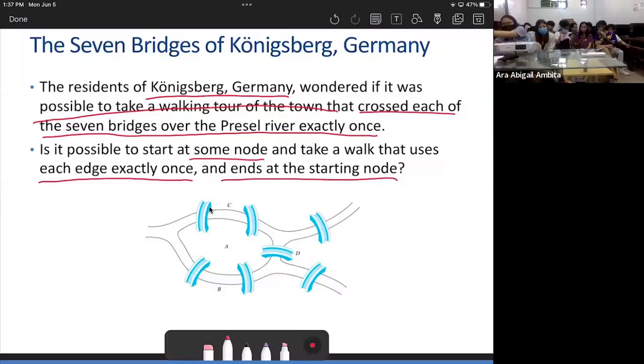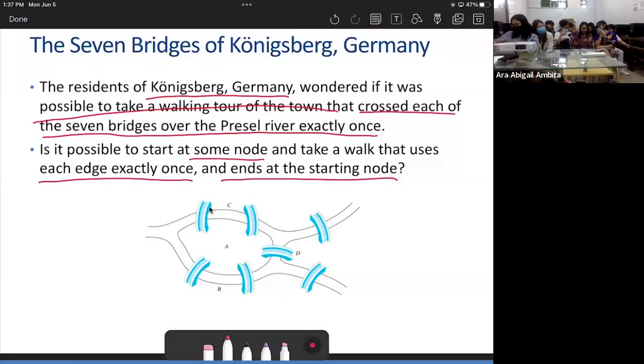To A, then A to B, or ganyan. So, dadaan, you can pass through all the bridges. Would it be possible? You can think in your mind.